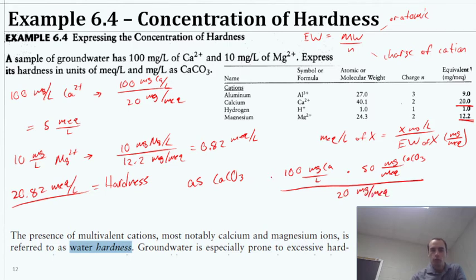So for the calcium, that's the expression. And if we do that, that should be 5 times 50, right? It's 250 milligrams per liter as CaCO3.